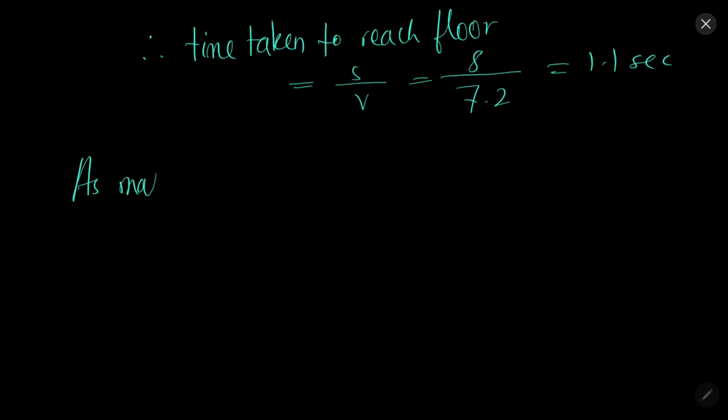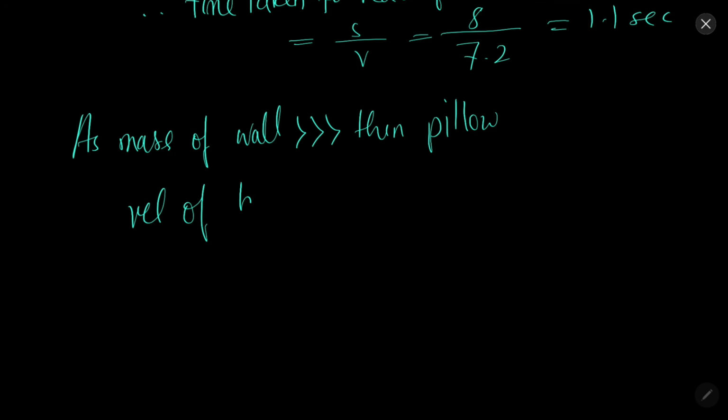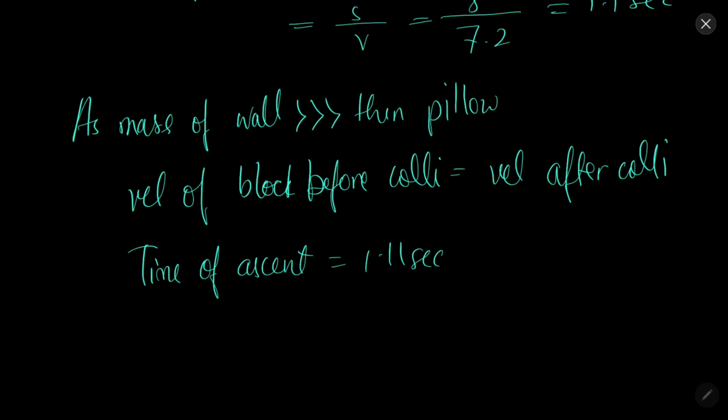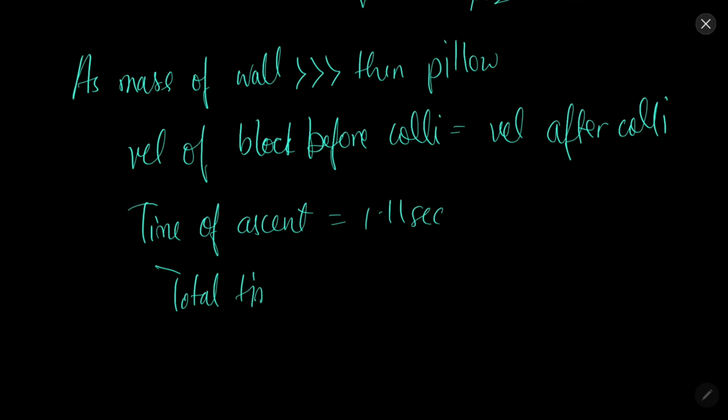And as the mass of the wall is much greater than the pillow, the velocity of the block before collision equals the velocity after collision. So the time of ascent is 1.11 seconds. So total time will be twice 1.11 seconds, that is 2.22 seconds.